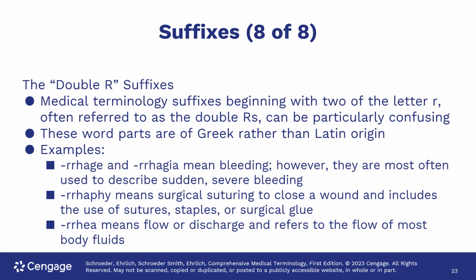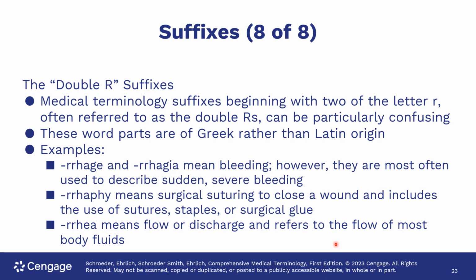The double R suffixes, such a conundrum, and I hate this because it makes no sense to me, but that doesn't mean it's not the rule or it's not right. There's always one rule in the crowd, right? So double R, there's some suffixes that start with double R's, and these are Greek in origin rather than Latin.